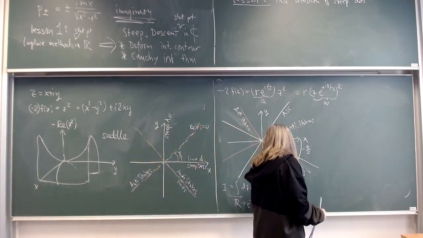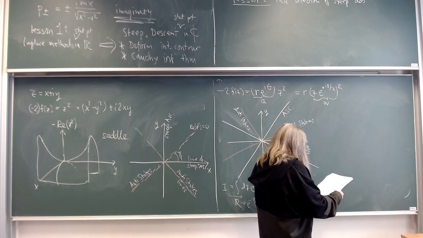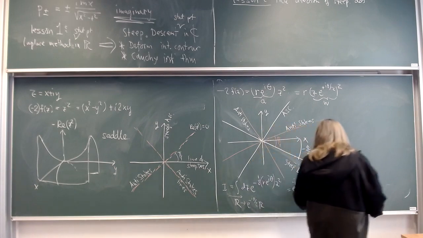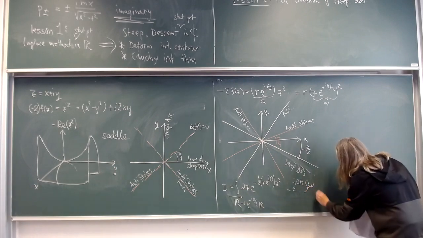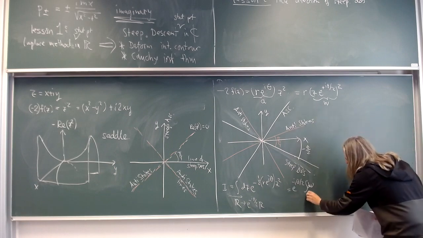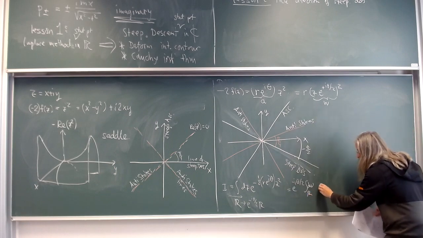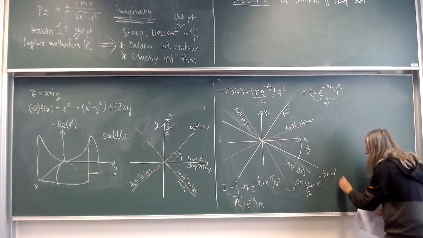So now I get e to the minus i theta half times, and then I want to call the new variable w, and then it's along the real axis, and then e to the minus half r w squared.